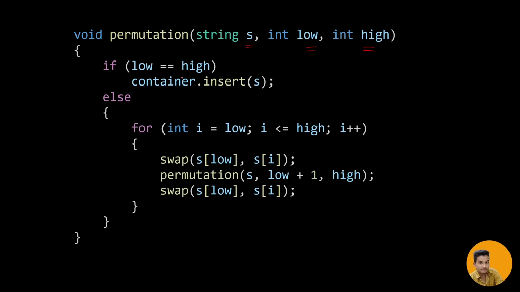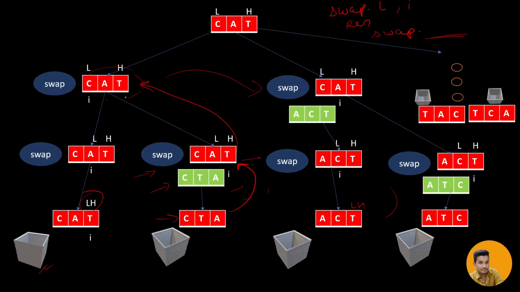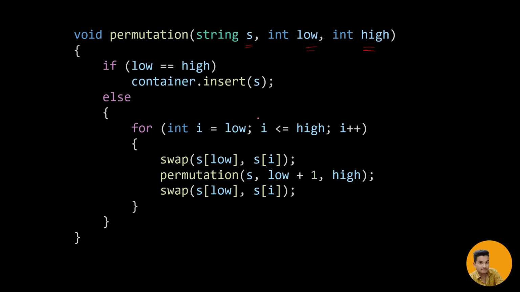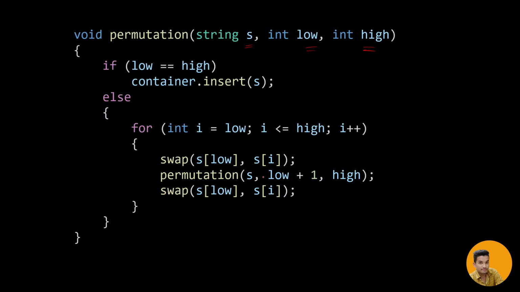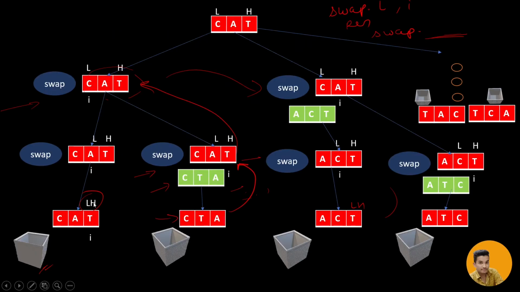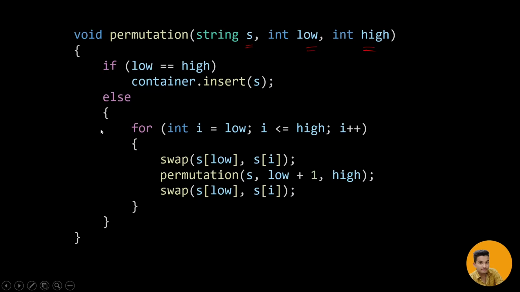If low and high are not equal, we will start I with low and go up till I is less than or equal to high. Swapping is done. Then we call again with an increment of low. So low was here, and we call it again with the increment of low.